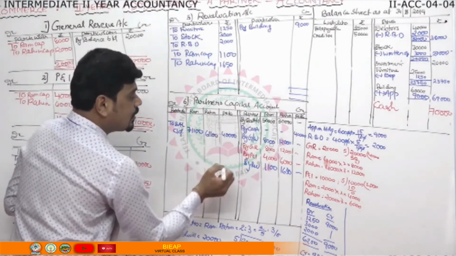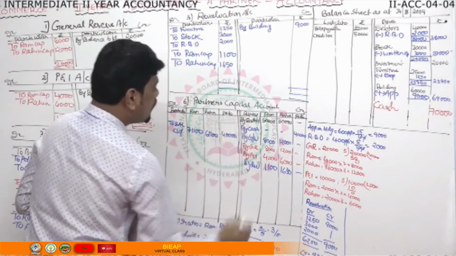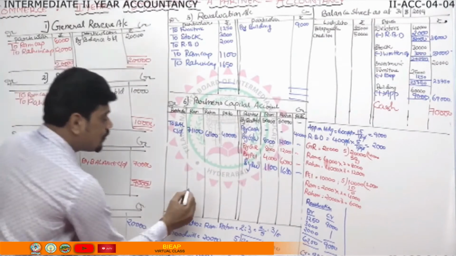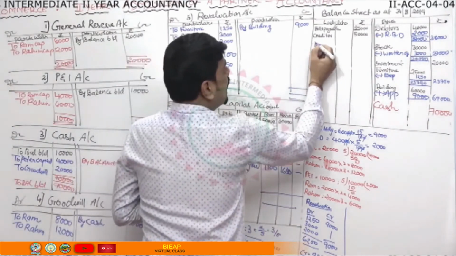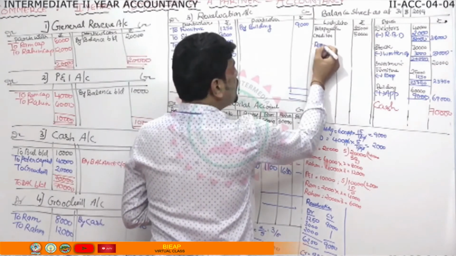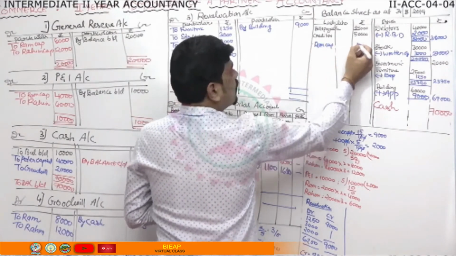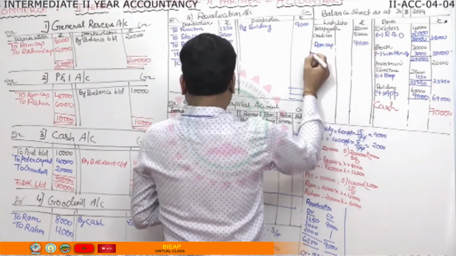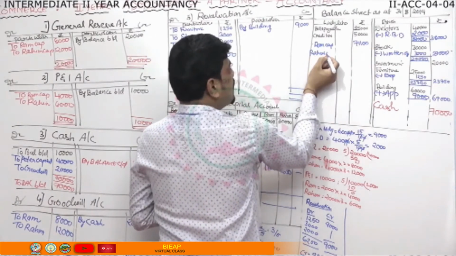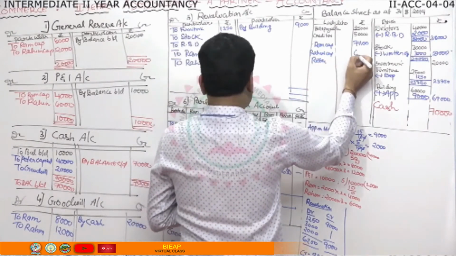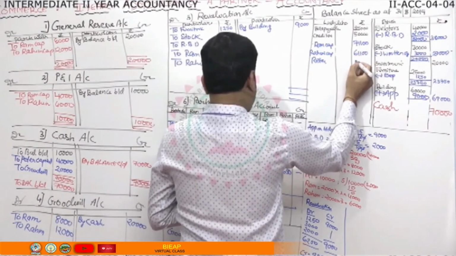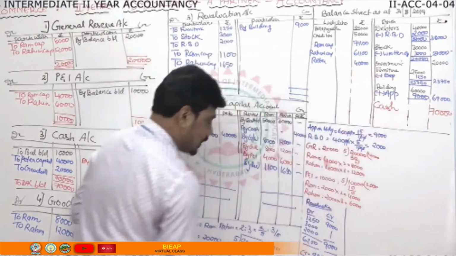So we'll balance the partners' capital. So Ram capital 71,100, Rahim capital 61,100 and the new partner's capital 40,000.